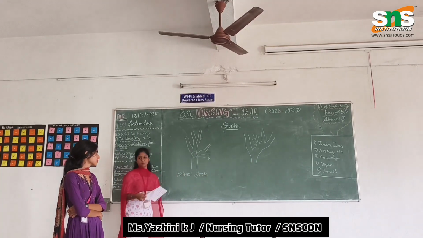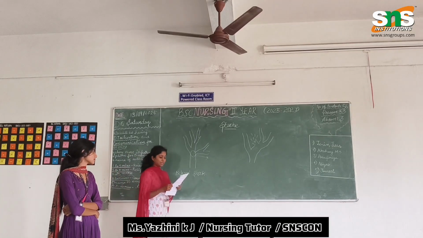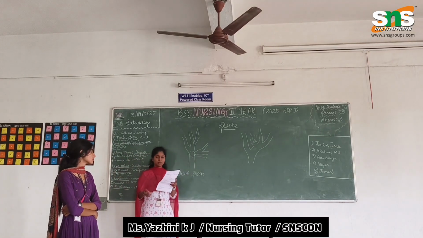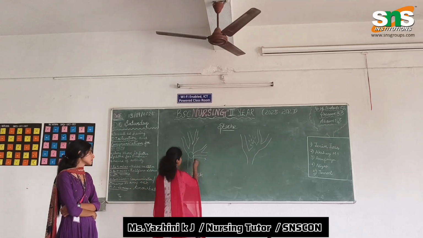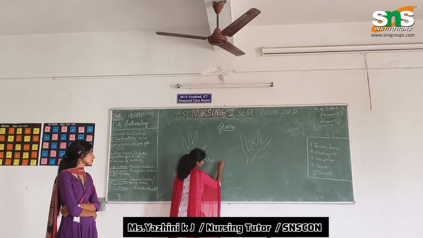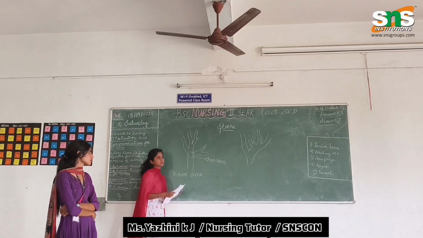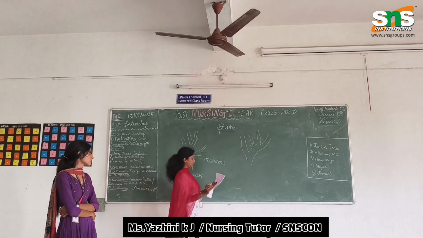So this is type 1 stroke, where a blood clot forms in an area of the brain. So this is the thrombus. The blood clot may be a thrombus or an embolus.